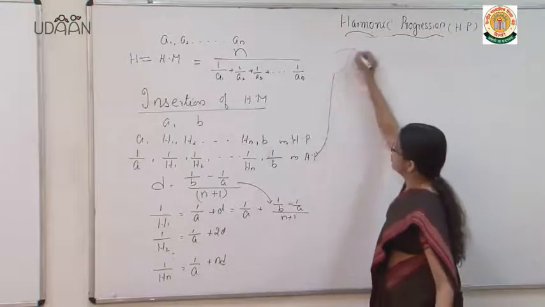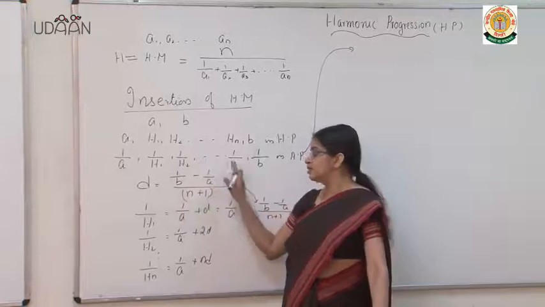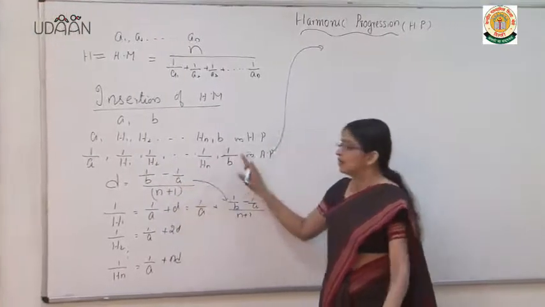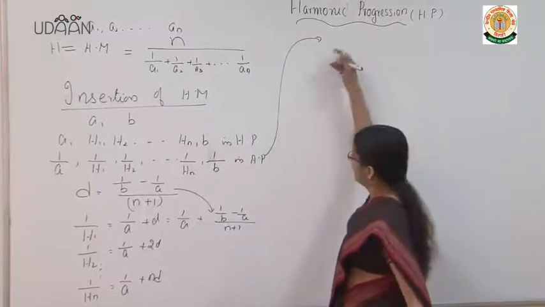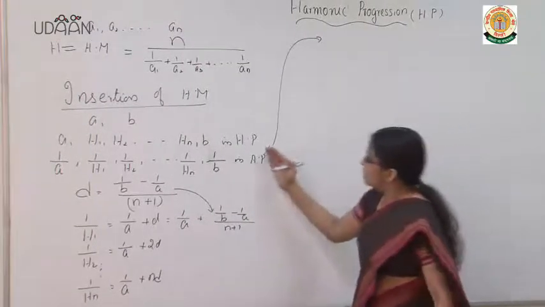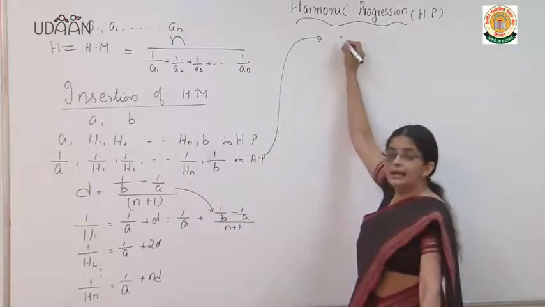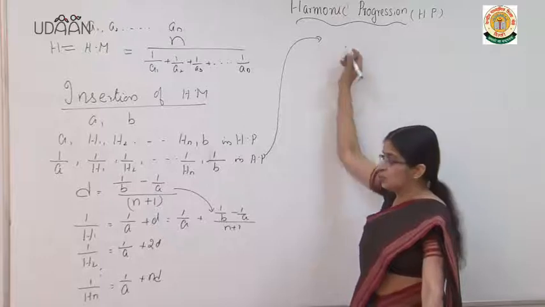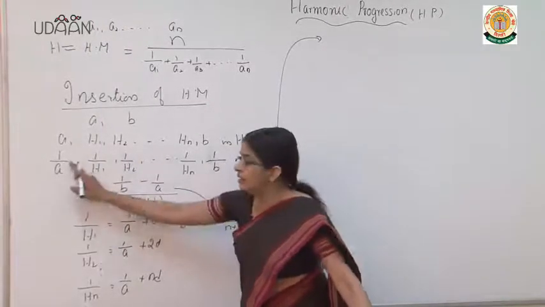Consider this sequence now. 1 by A, 1 by H1, 1 by H2, etc., 1 by Hn, 1 by B, they are in arithmetic progression, and we have seen that in an arithmetic progression, sum of all the n arithmetic means equal to n times the single arithmetic mean between these numbers.